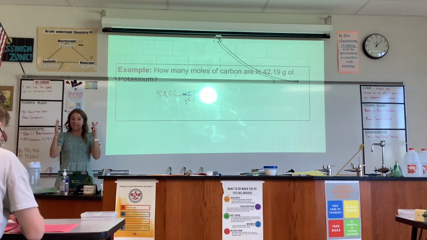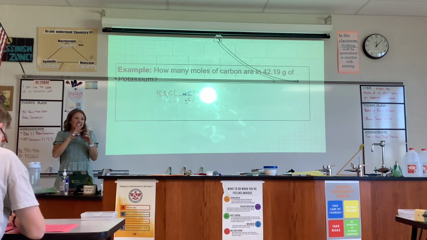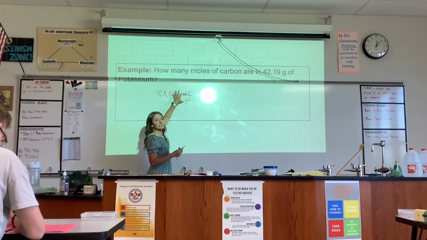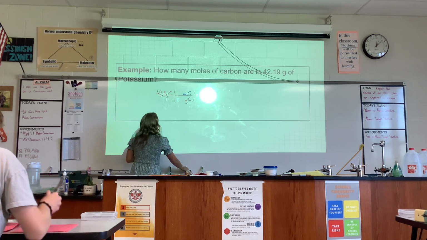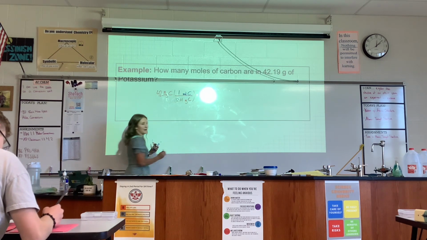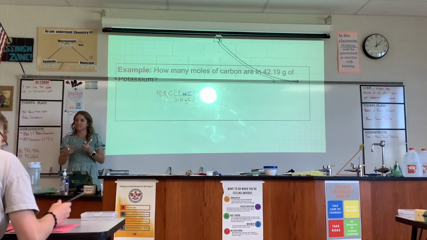Now the fraction, once again, is independent of the question. It's always true. The thing that connects moles and grams is the molar mass. So for every 1 mole of carbon, it's always 12.01 grams. That's always true, because that's how much a mole of carbon weighs.